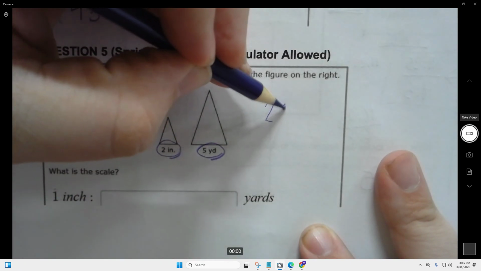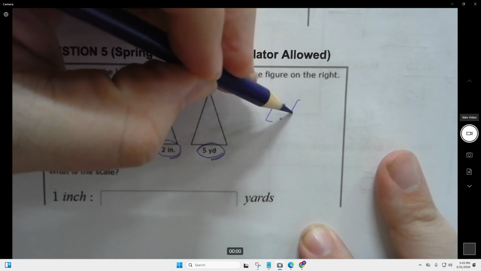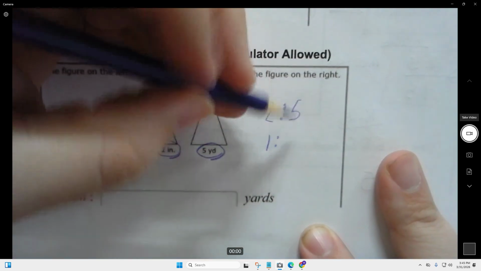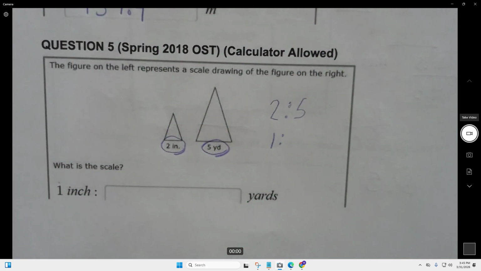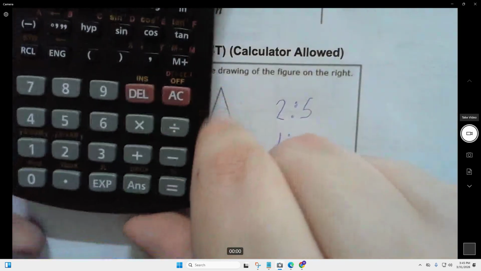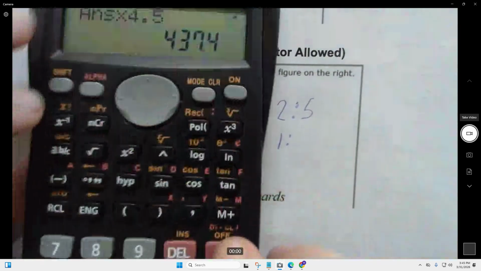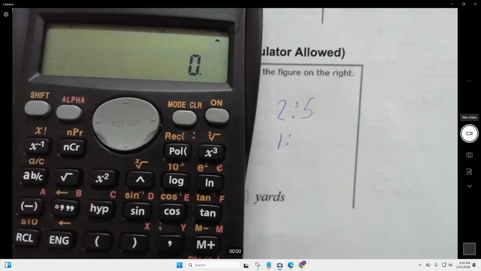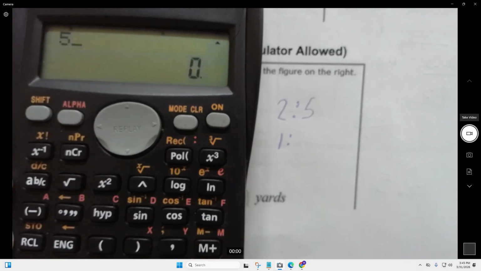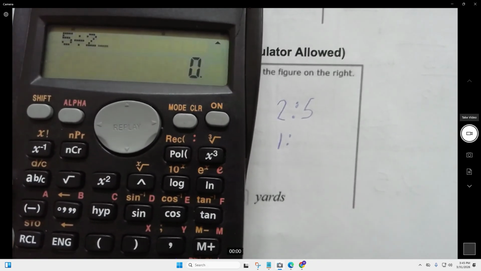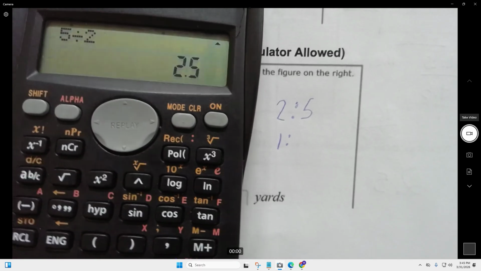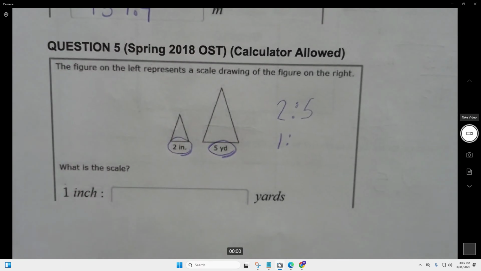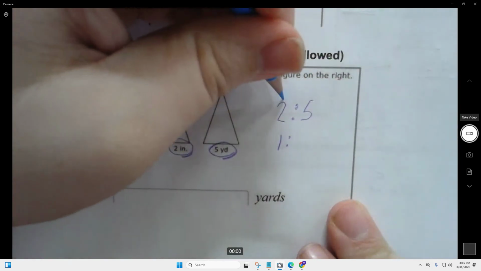So what I would do, and again, calculators are allowed for this question, which is fantastic. What do I need to multiply by to get from 2 to 5? The easiest way to figure that out, 5 divided by 2 is 2.5. If you multiply 2 by 2.5, you will get 5.